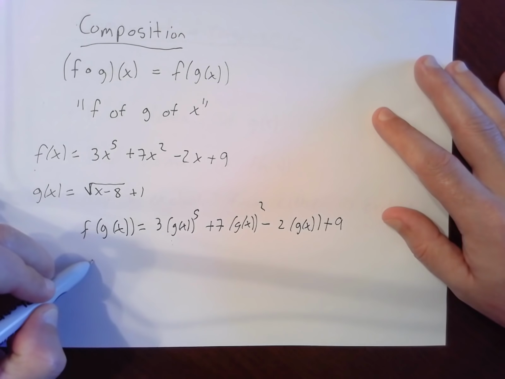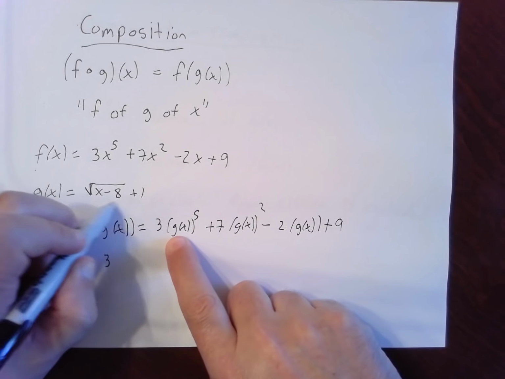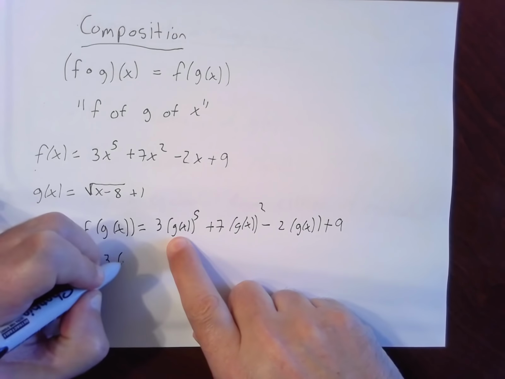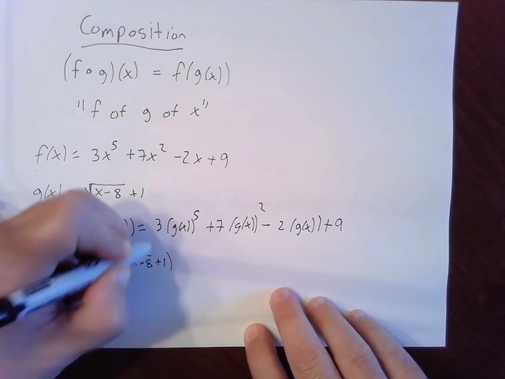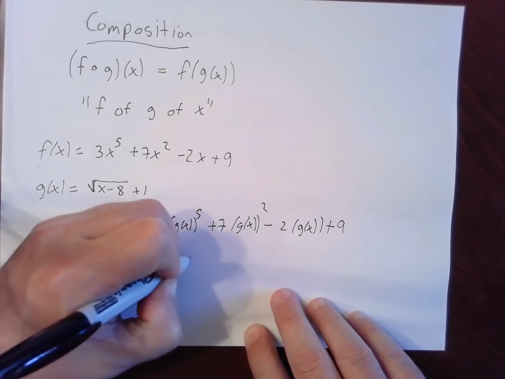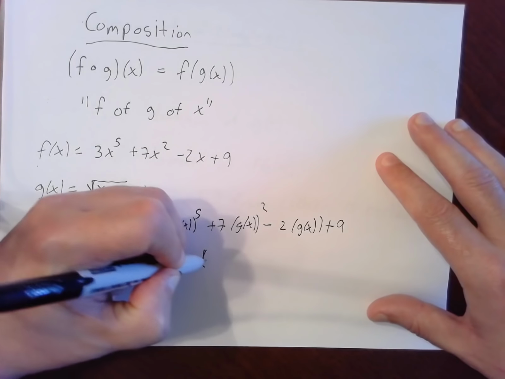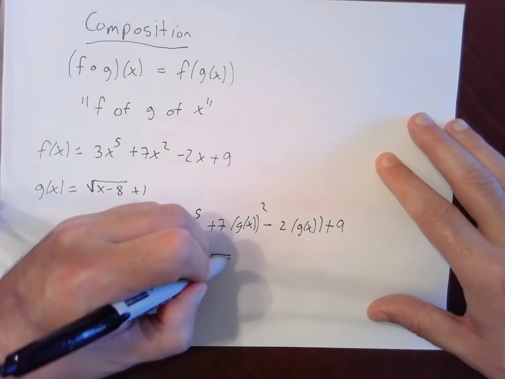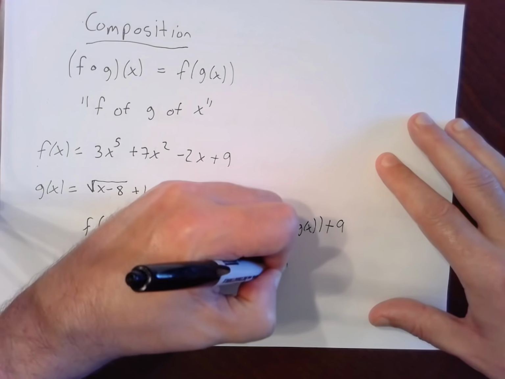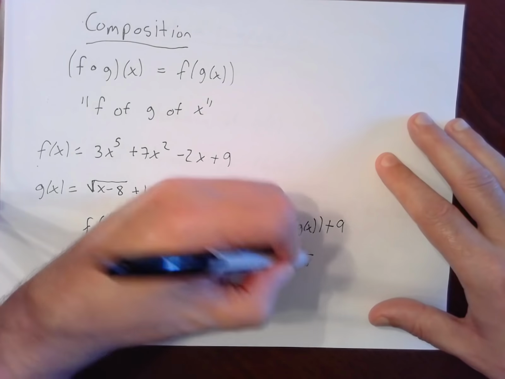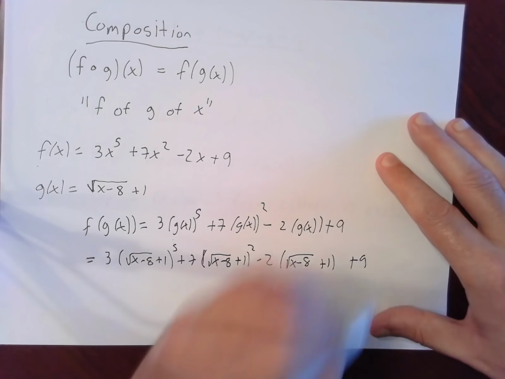So this will be, I'm going to need a lot of space here, 3. G of x is all this stuff here. Square root of x minus 8 plus 1 to the 5th plus 7 g of x squared, square root of x minus 8 plus 1 squared minus twice g of x, square root of x minus 8 plus 1 plus 9.